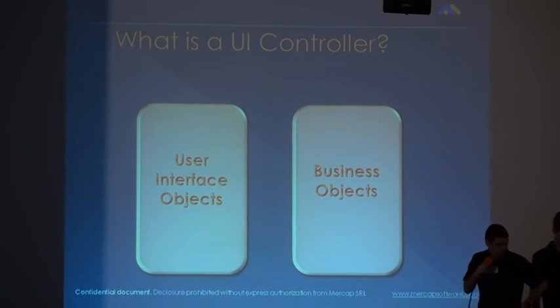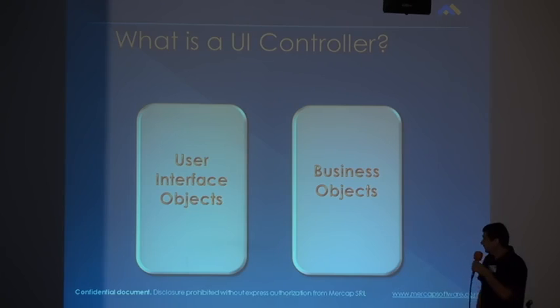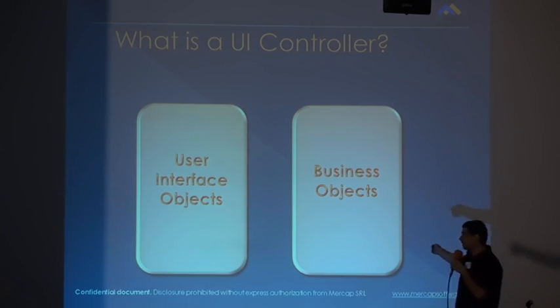We can think of every application with a graphical user interface as divided into two layers: the user interface object layer and the business objects layer. Among user interface objects, we have objects like windows, buttons, icons, frames.